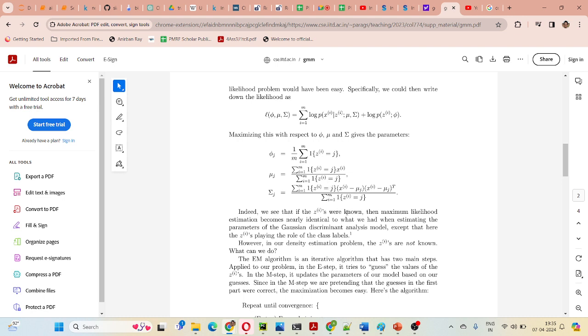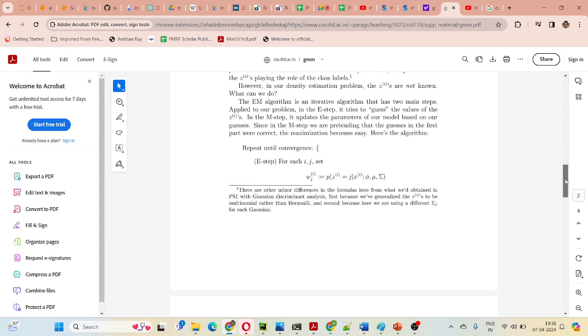So from MLE they get these values: for each phi j we calculate it, then mu j, and this matrix also we calculate. Or as they have shown, there is a shortcut as well. Overall this is the thing.